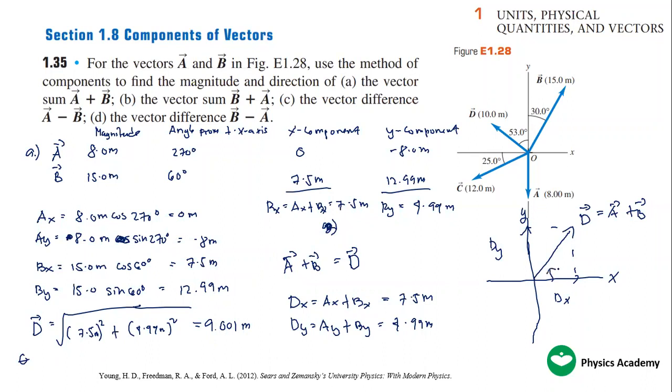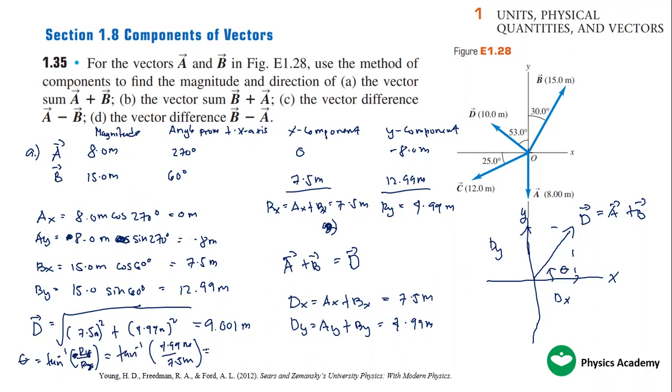If you want to find the angle theta, theta is equal to the tangent inverse of dy over dx, which is 4.99 meters over 7.5 meters.